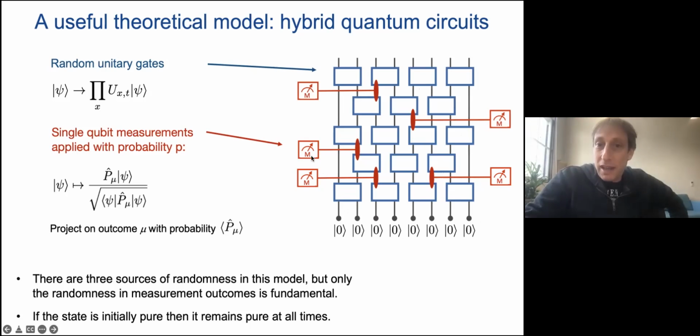And the measurements I sprinkle randomly, and it could be, for example, the simplest case would be just a projective measurement. So the time evolution looks like this. In the case of unitaries, it just applies a unitary time evolution to the state.